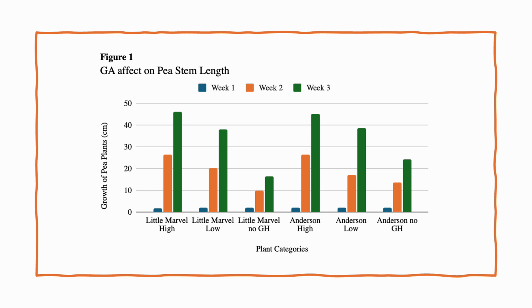Similarly, in the high gibberellic acid treatment group of Anderson, the average stem length reached 45.2 centimeters by week 3, exceeding the control group average of 24.1 centimeters. These were the highlights of gibberellic acid's growth-promoting effects, with the little marvel high GA group surpassing the Anderson control group in stem length due to GA's influence.